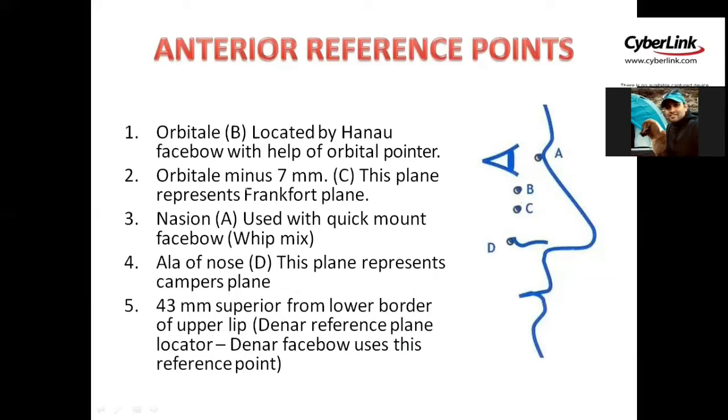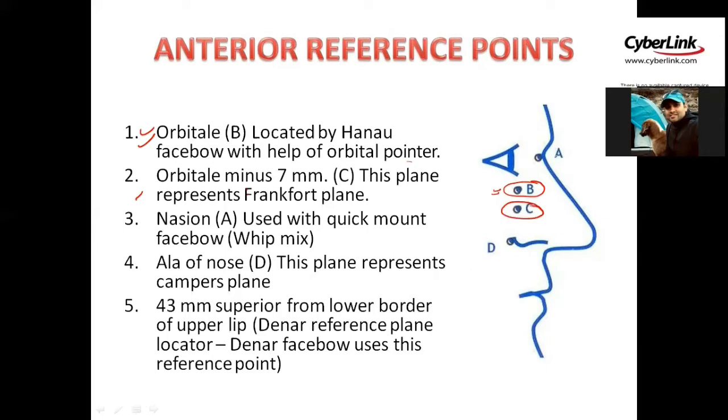First is your orbital point, which is the lower border of the orbit at the midpoint. Then your orbitale, which represents the Frankfurt plane.